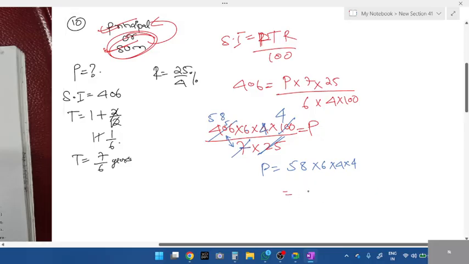What's the answer, students? 58 into 6 into 6. 4 fours are 16. Okay, 5,568.